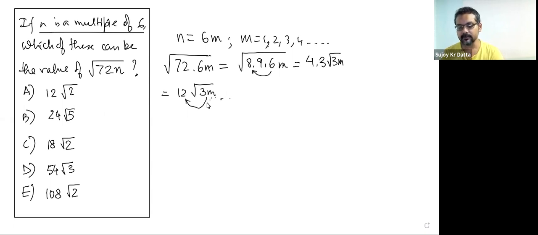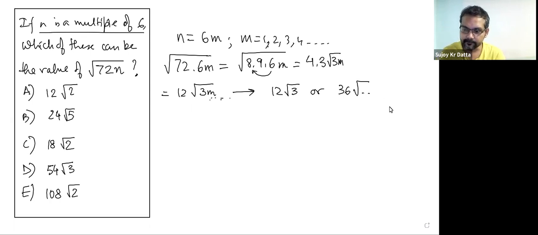So multiple things can go out. Essentially, either the 3 will remain inside the root and it will remain 12 root 3 type, or alternatively a 3 will go outside and it will become 36 root something. Either of these forms will be there.